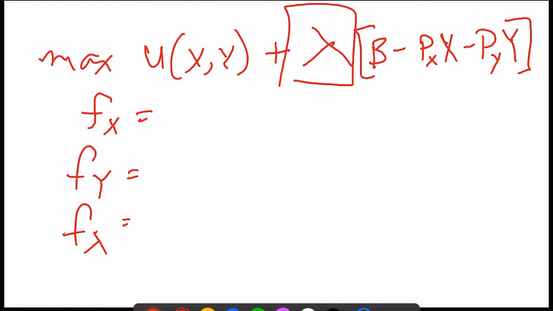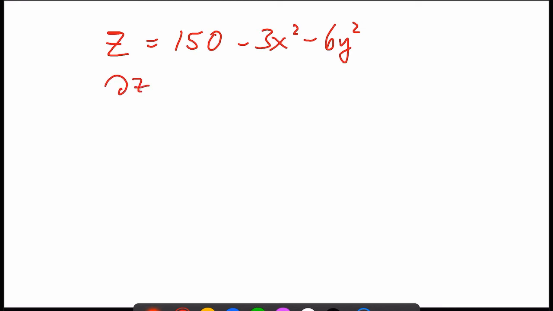All right. So let's try one. Let's say I have this equation, z equals 150 minus 3x squared minus y squared. All right, I'm not going to put a constraint on it. I'm just going to solve it the way it is. Okay? And so I would find the partial of z with respect to x, which is fx, which is minus 6x.